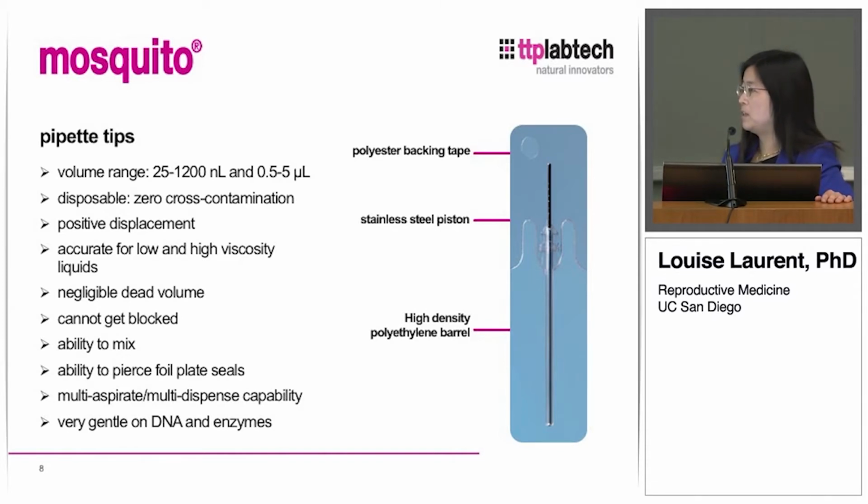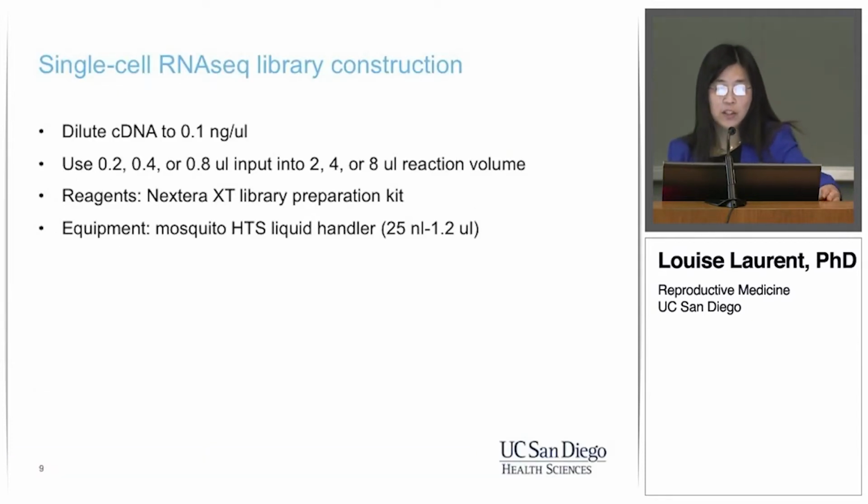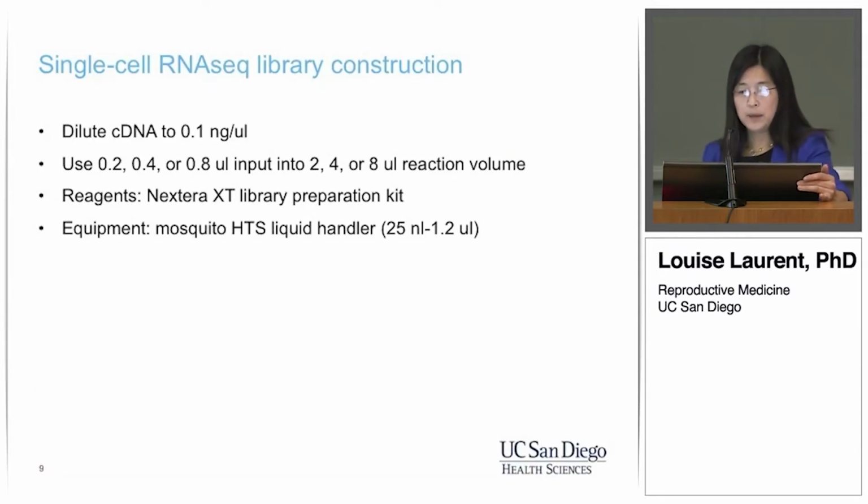There is a dead volume, but it's quite small. The way we set up the reactions, we actually use the mixing feature to mix the reactions as we're setting them up.